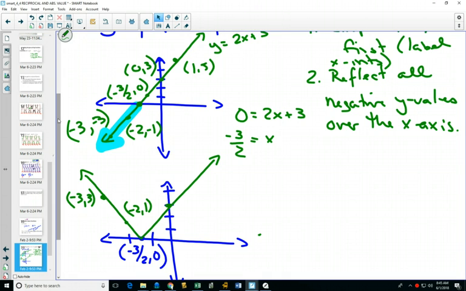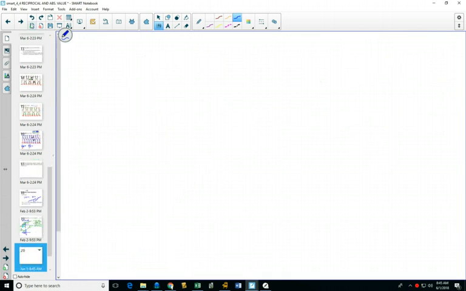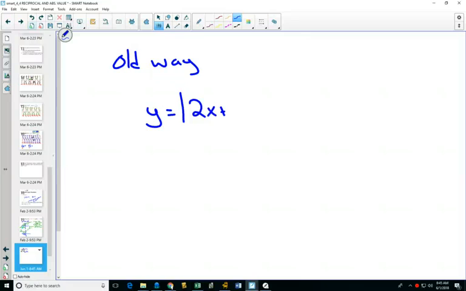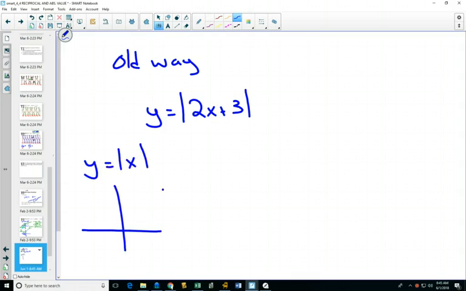The old way. The old way of doing this, using Chapter 3, our very first unit, transformations, you would have your parent graph, y equals the absolute value of x.